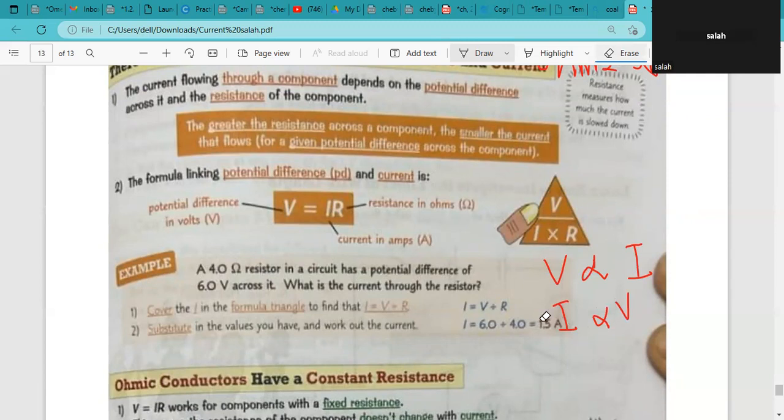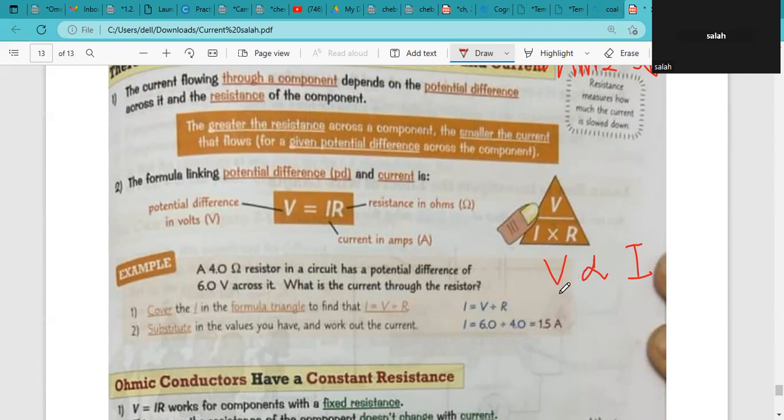It says that the more potential difference you provide to the circuit, the more current will flow. Definitely, if you provide more potential difference to the circuit, there will be more flow of current. That is given by Ohm's law.